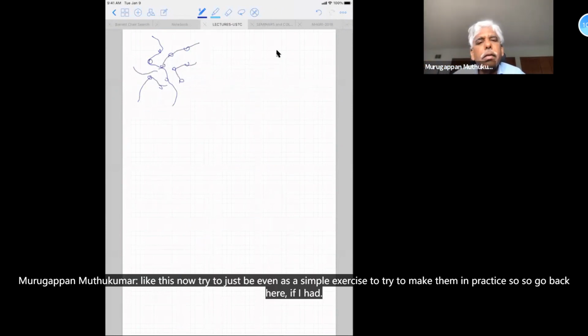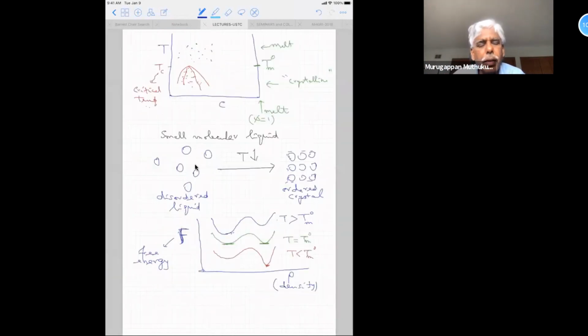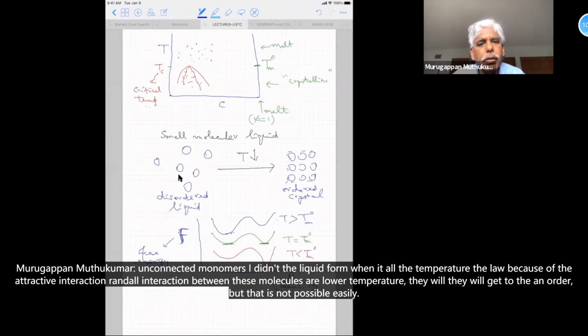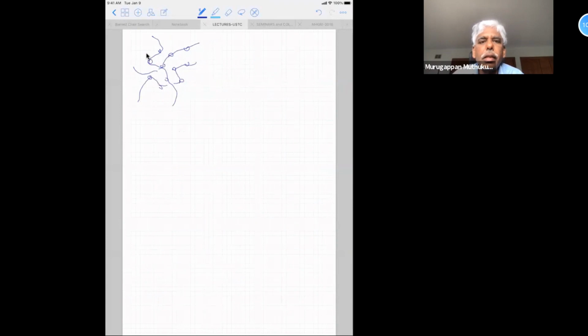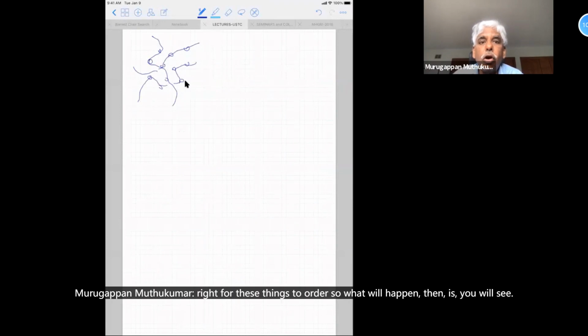Now try, even as a simple exercise, to make them into a crystal. So go back here. If I had unconnected monomers in the liquid form, when I lower the temperature, because of the attractive van der Waals interaction between these molecules at lower temperature, they will get together and order. But that is not possible easily for these things to order.